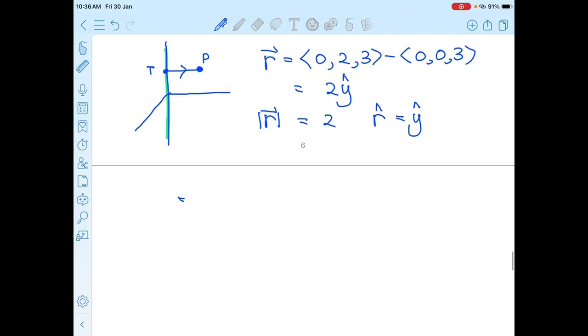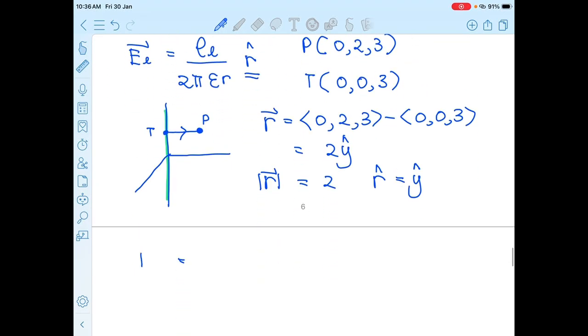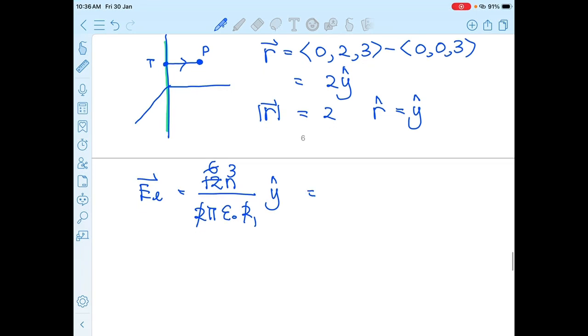So EL is equal to 12 nano over 2 pi epsilon naught, and R is 2, with unit vector R being Y. So what's the answer? It is 107.85 volts per meter, in the Y direction.